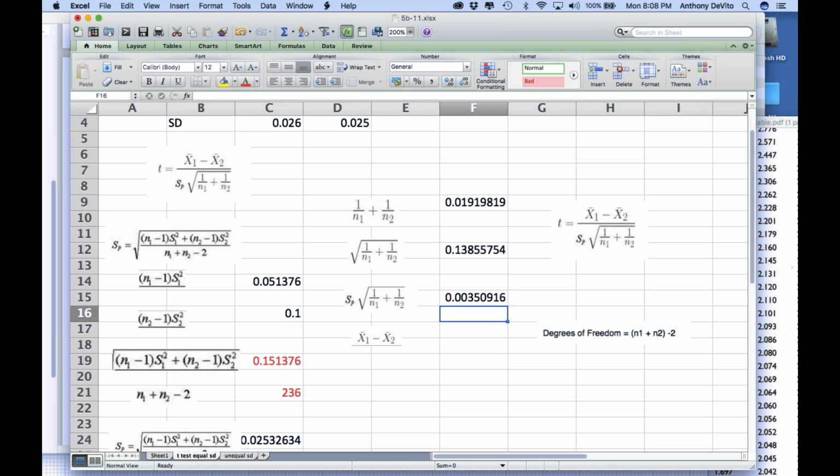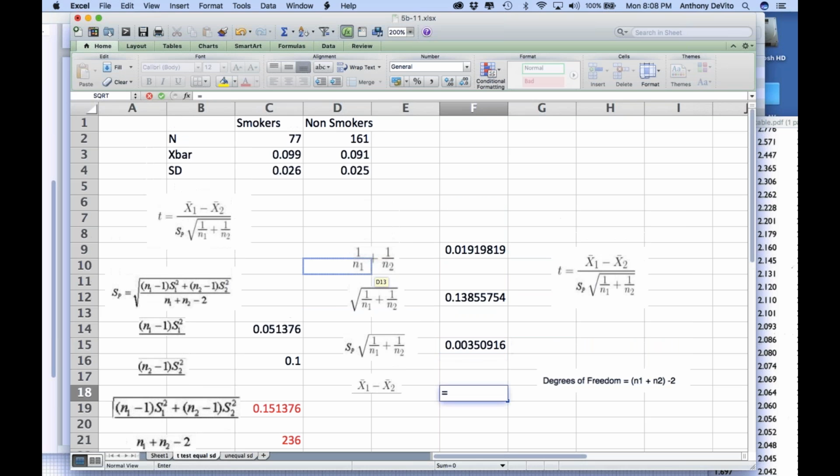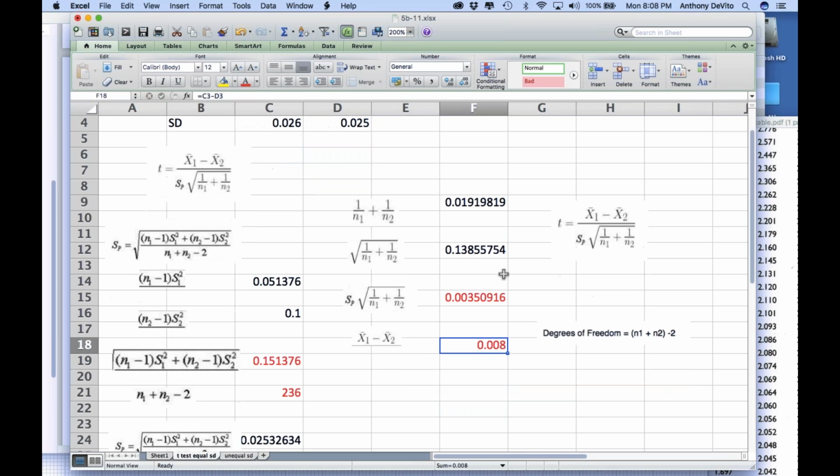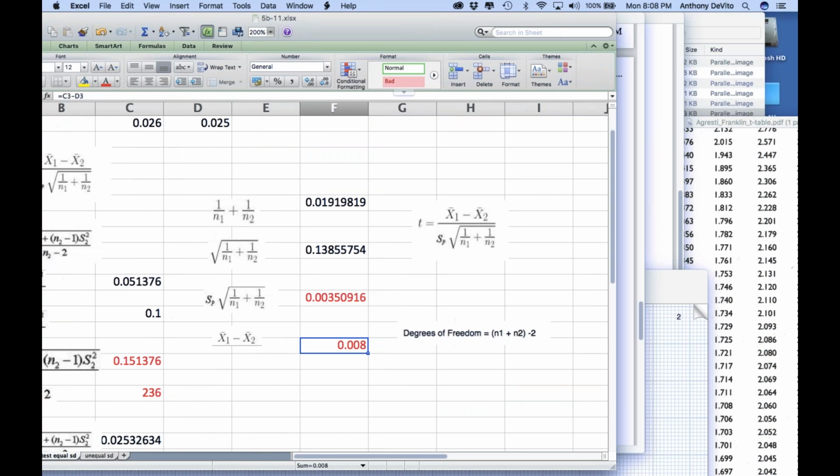Now I'm ready to actually do my calculation of my t-score, but I still need the top part, mean 1 minus mean 2. So that's equal to mean 1, 0.099, minus mean 2, 0.091. So this is the bottom of my equation for t. This is the top of my equation for t. So let's go ahead and do that calculation.